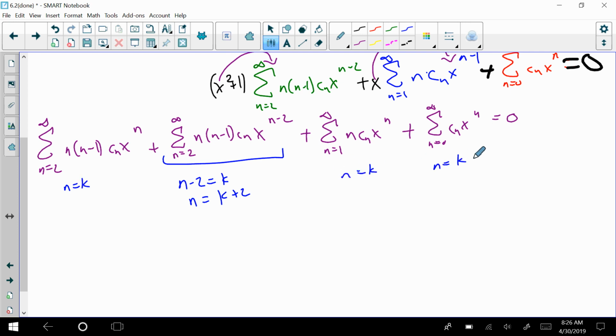So if I replace those, I have the summation k equals 2 to infinity of k times k minus 1, c sub k, x to the k, plus, now I have a little bit of work to do. This n equals k plus 2, so if I were to write the summation, there's a k plus 2 here.